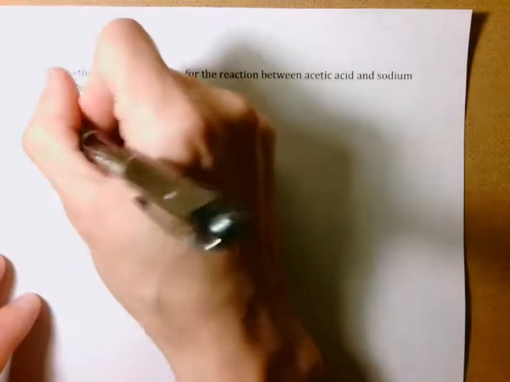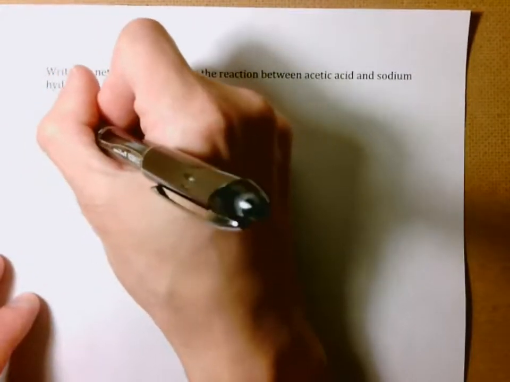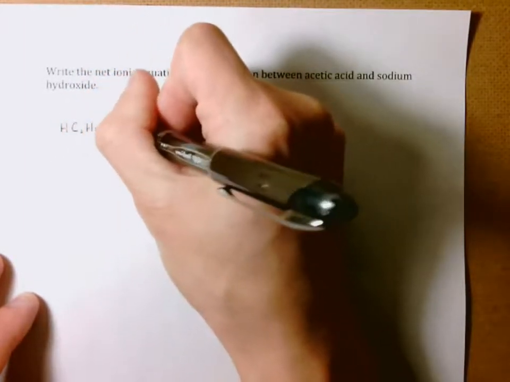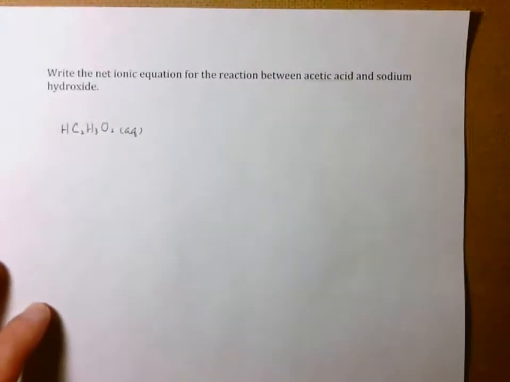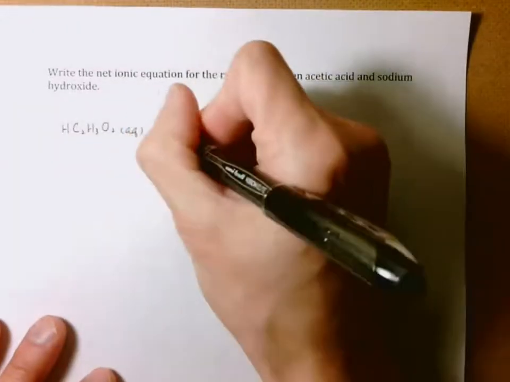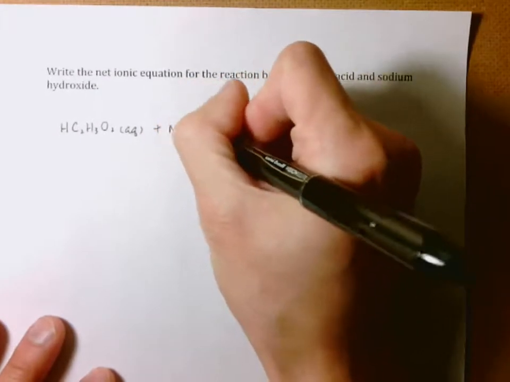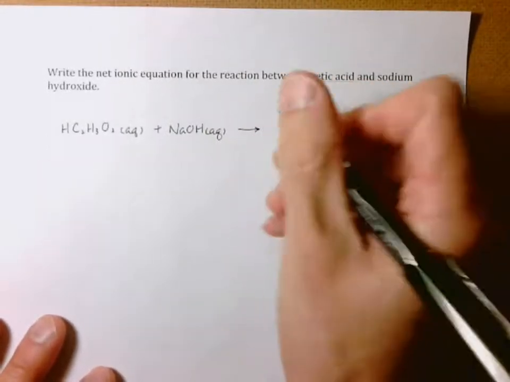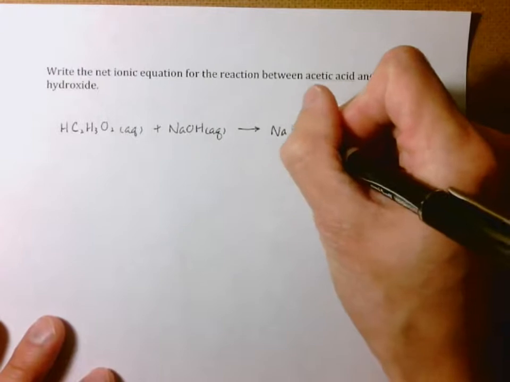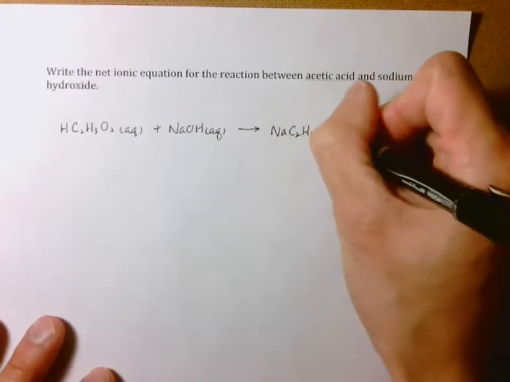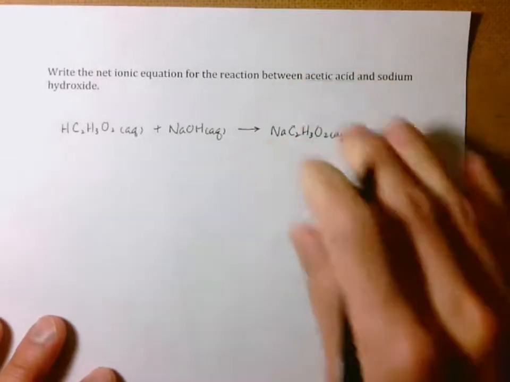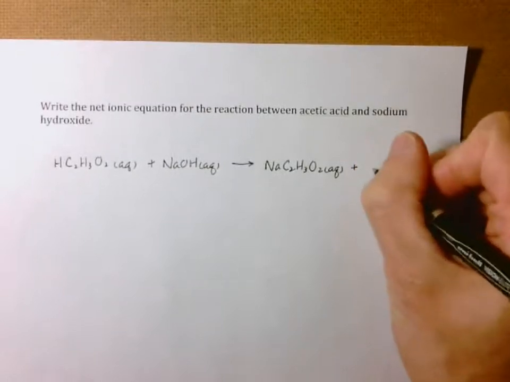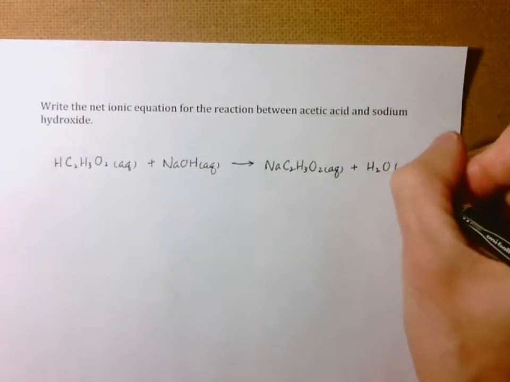Acetic acid will have a net ionic equation like this: HC2H3O2 (aq) plus NaOH (aq) to produce NaC2H3O2 (aq) plus H2O, which is a liquid.